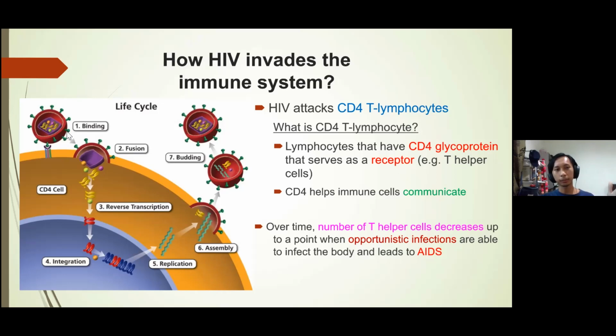So I'm going to explain how HIV enters the T cells. The HIV virus has protein molecules called GP120, which bind to the CD4 receptor of the T cells, which then fuses the membrane of the virus and the T cell together, which allows the genetic material to enter the cell.